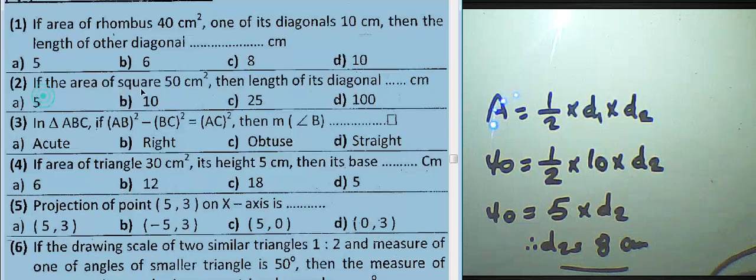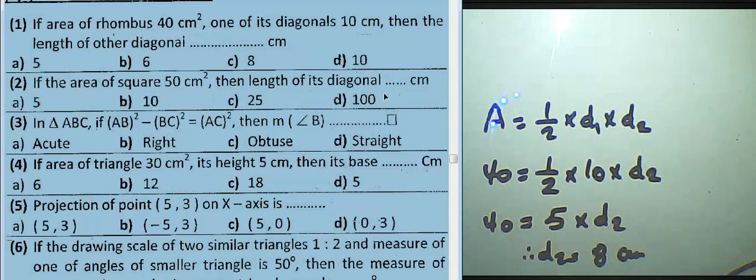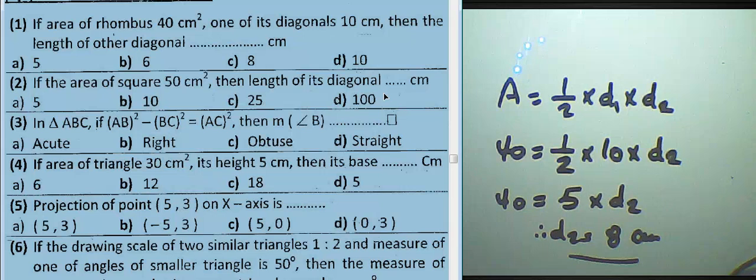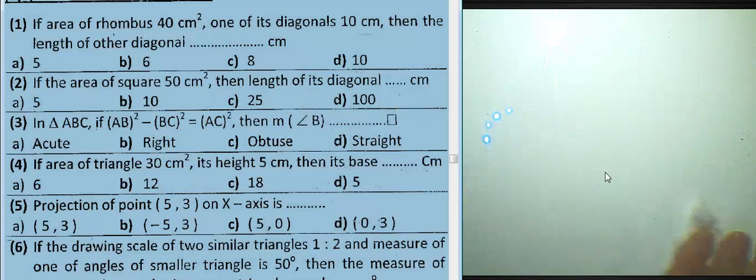Question number 2, if the area of a square equals 50 square centimeters, then the length of its diagonal equals space. We know the rule about area and diagonal, here by using diagonal or sides. We have here the diagonal.